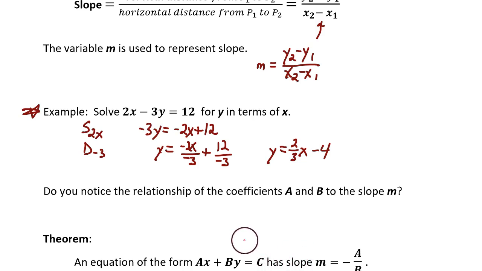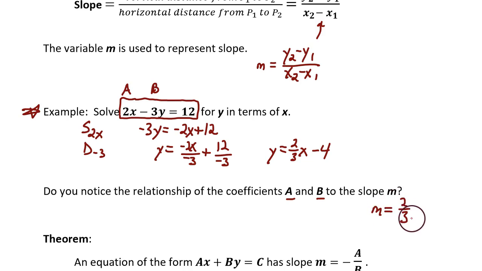The reason that we did this is to notice a relationship of the coefficients a and b to the slope m. Remember that in this equation, the coefficient of x is a and the coefficient of y is b. The a is 2, the b is -3. When we worked with this equation earlier, we had figured out that the slope was 2/3.